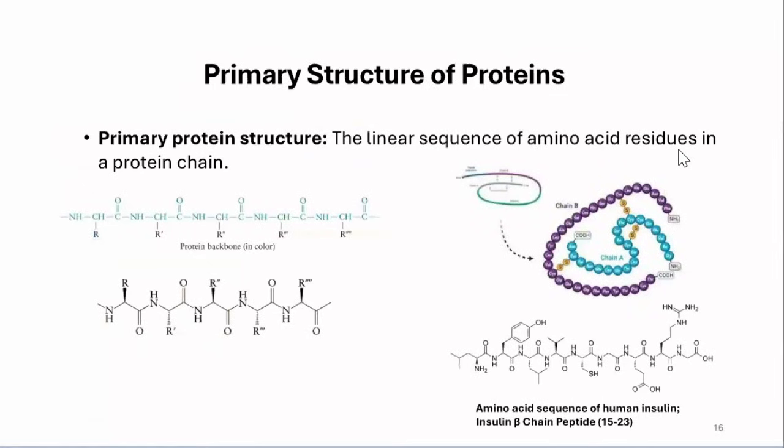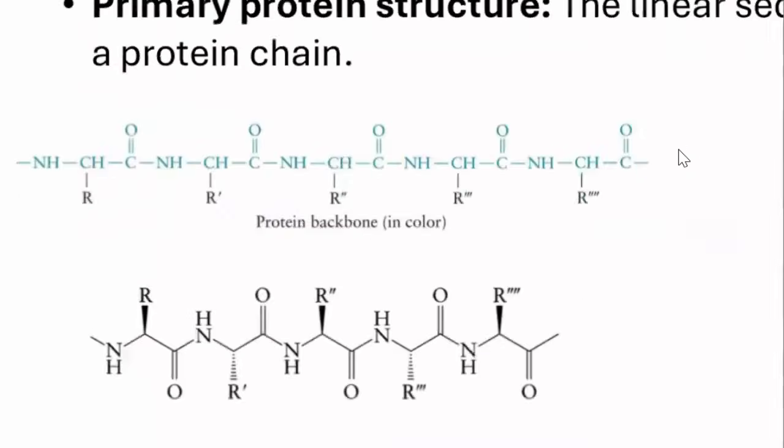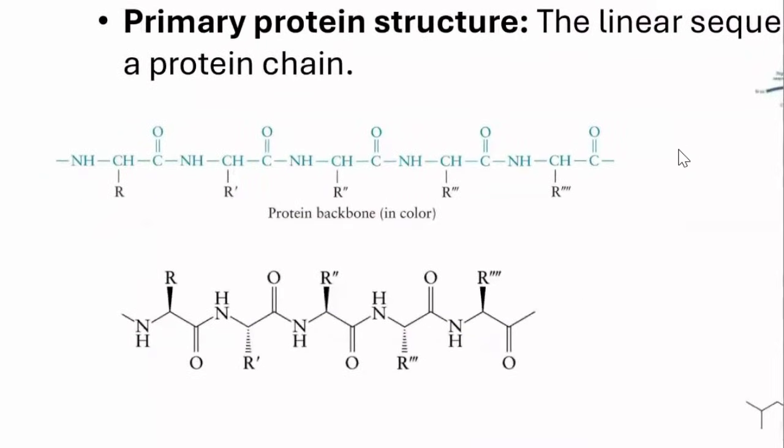Starting with primary structure of a protein, understand that primary structure of a protein is basically the linear sequence of amino acid residues that are found in a protein chain. We learned previously how to draw protein chains, and we observed that whenever we had to draw a peptide, specifically because in this class we're not going to be drawing 51 or more amino acids altogether, what we have is the presence of an amino side, the alpha carbon with its alpha hydrogen, and then an R group coming out of it.